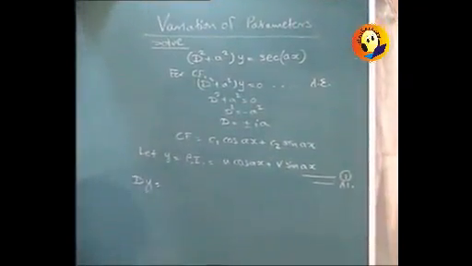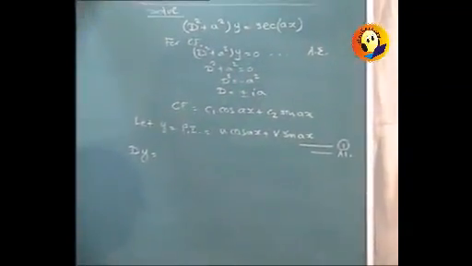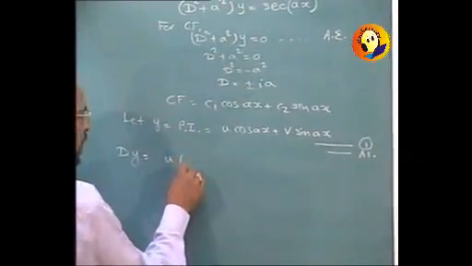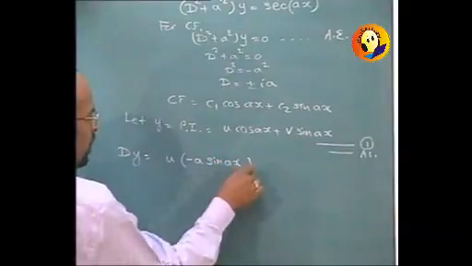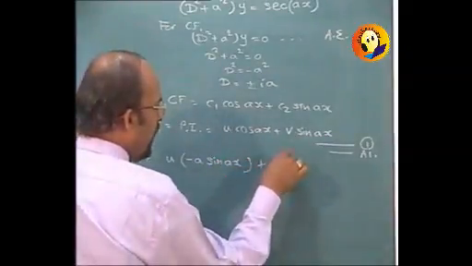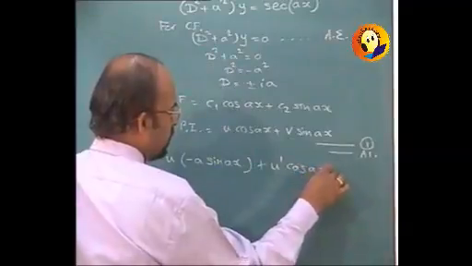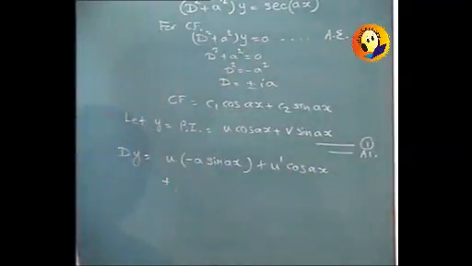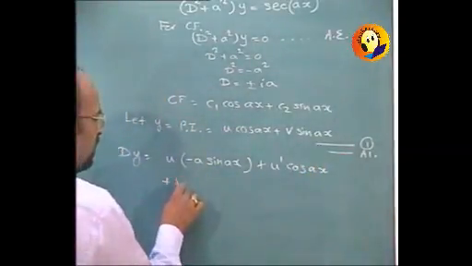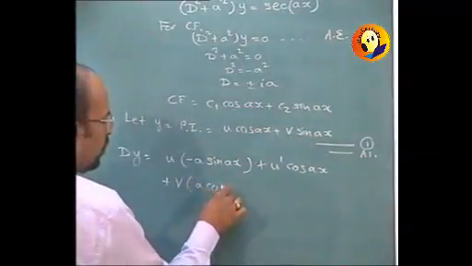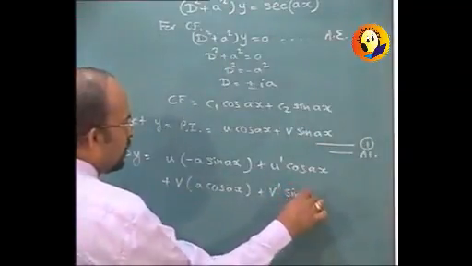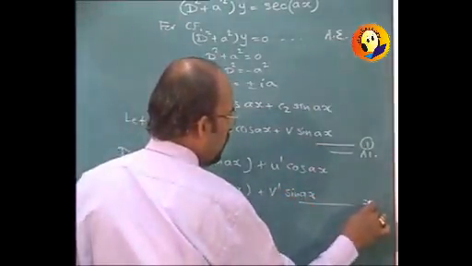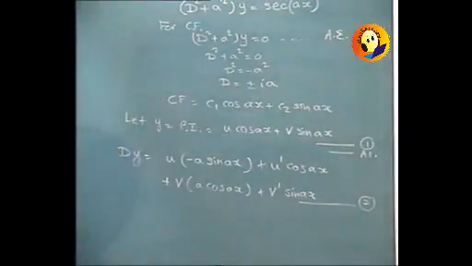So it will be u into cos ax differentiated as minus a sin ax, plus differentiation of u is u dash cos ax, plus v sin ax also will be differentiated, and it will be v into a cos ax plus v dash sin ax, which is our equation number 2.